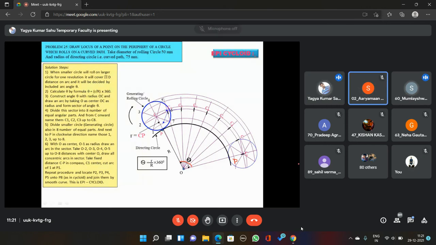Then similarly you can see the positions of P2, P3, P4, P5, P6, P7, P8.